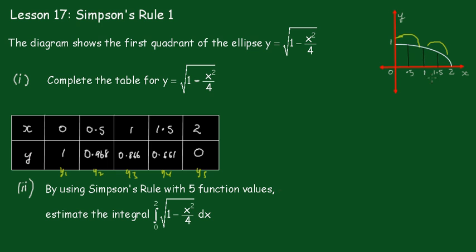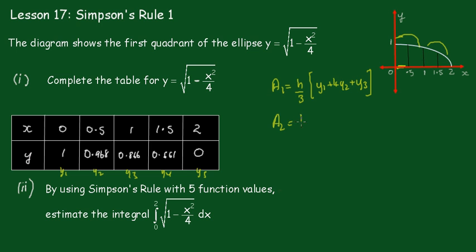So this is our h, and the formula for one application, area 1, would be equal to h over 3 outside of y1, the first one, plus 4 times the second one, plus the third one. Now, we can speed this process up by working out the second one, and then we'll work out a formula for it.